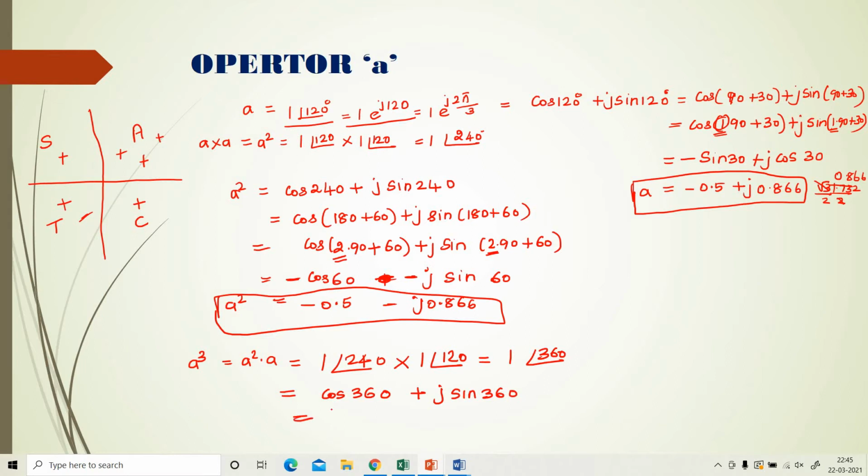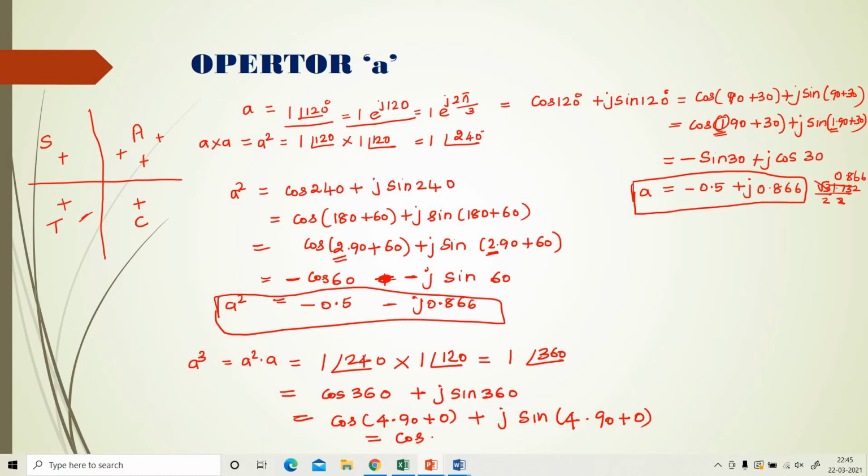So cos 360, how can we write this? Cos of 4 into 90 plus 0. And next, how to write this? J sine of 4 into 90 plus 0. Here this is even number. There is no change in cos.